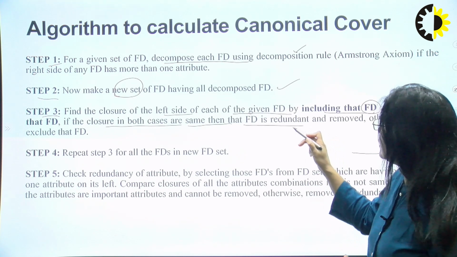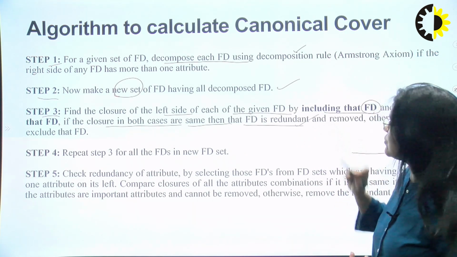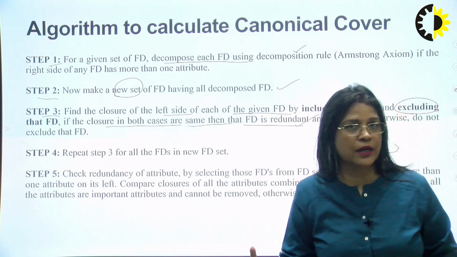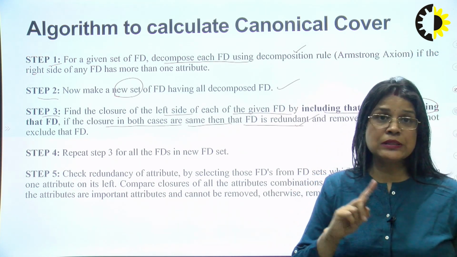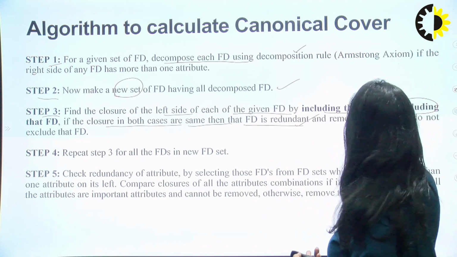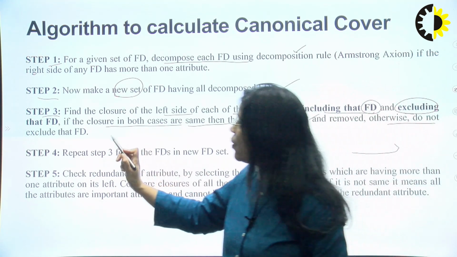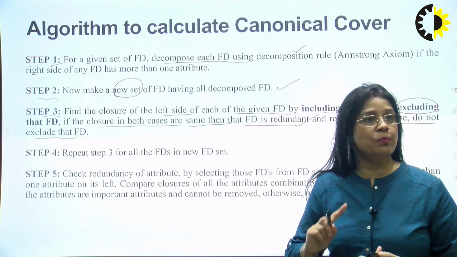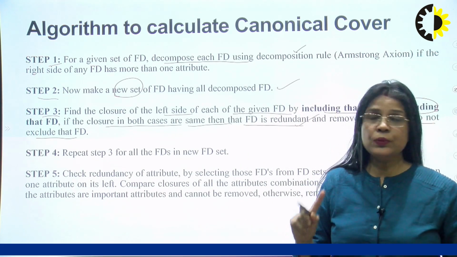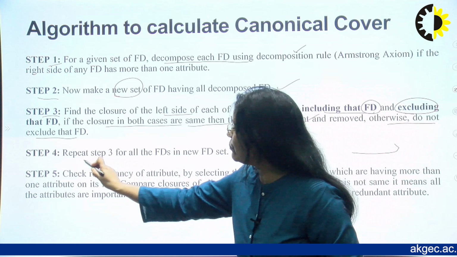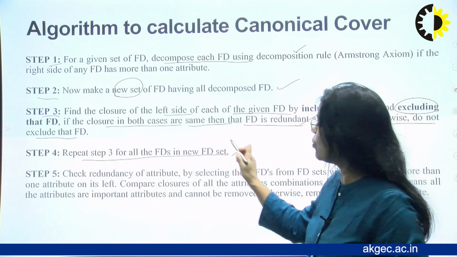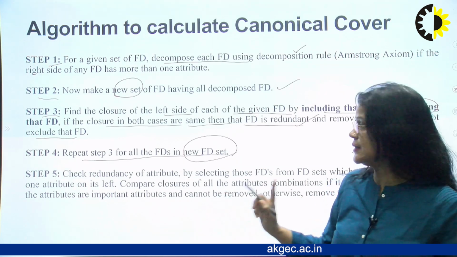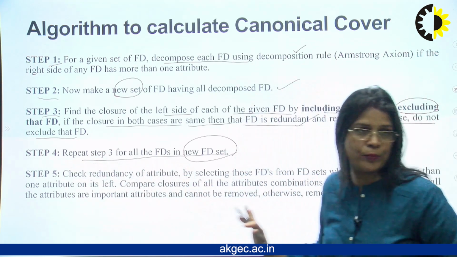Then we say that functional dependency is redundant and we need to remove it. If we do not find the same closure, it means we cannot exclude that functional dependency. That is important. We need to repeat this step again and again for all the functional dependencies in the new functional dependency set. That is step 4.